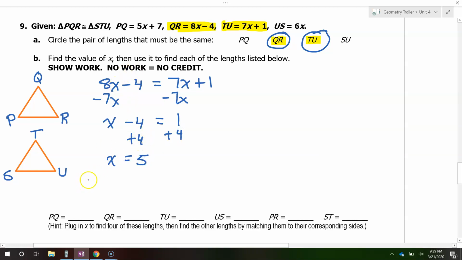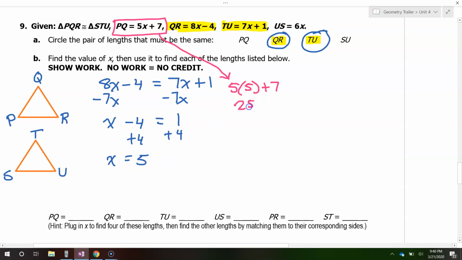Now we need to find PQ, QR, etc. Let's start with PQ. We have an expression for that right here. Using this expression, 5x plus 7, this is going to become 5 times 5 plus 7, because we already found out that x is equal to 5. So I'm plugging it in.